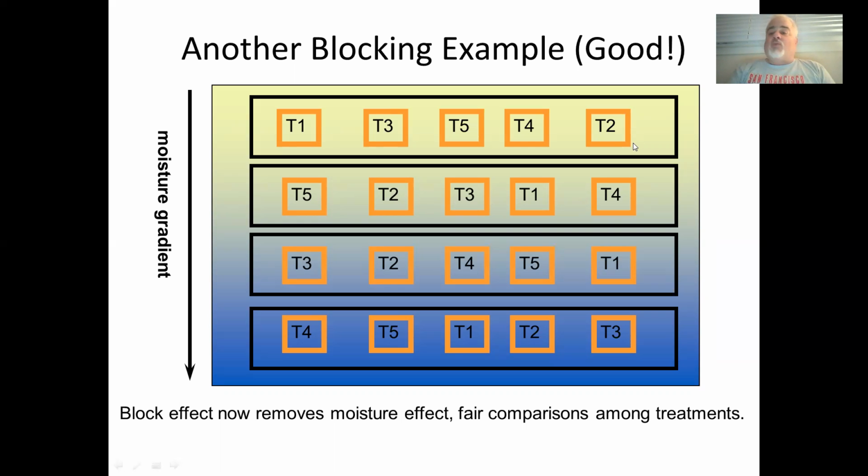So block 1 is randomized separately from block 2, which is randomized separately from block 3 and separately from block 4. They are each randomized independently of each other. And now I have myself a good field layout for an experimental test using a randomized complete block design.